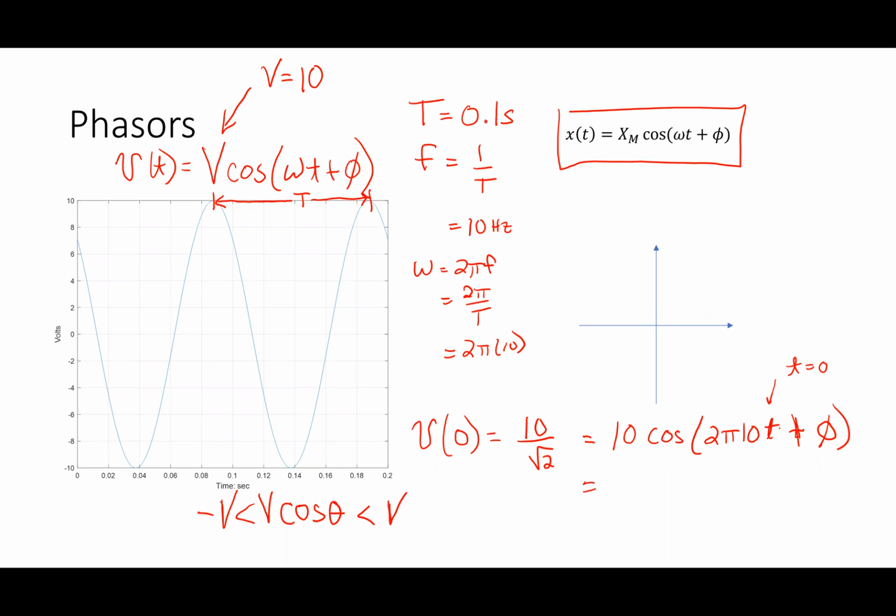Yeah, 2 pi 10 t does, but the argument doesn't. I become 10 cosine phi, right? So you basically say, well, what's phi equal to? Put that in your calculator, and you see phi equals 45 degrees, or pi over 4 radians.